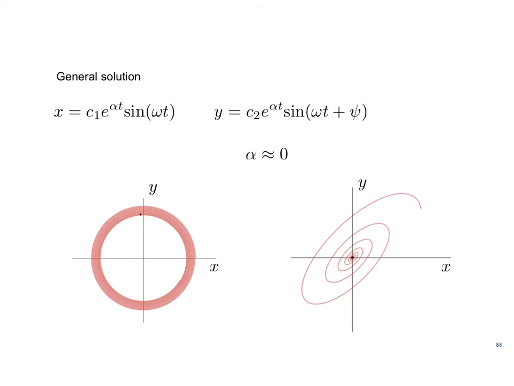Basically because of the thing I just told you before: when we don't have any exponential decay or growth, if alpha is 0, it means that we will have a perfect circle or a perfect ellipse depending on the value of c. But something that we don't know is that if alpha is just tiny, very close to 0, then the orbit will be almost the same, so it will change in amplitude a bit every rotation.